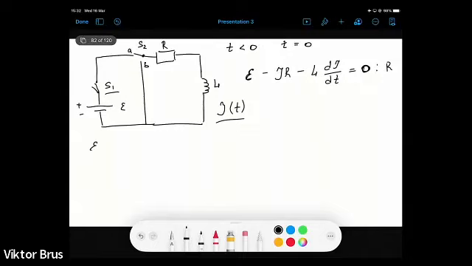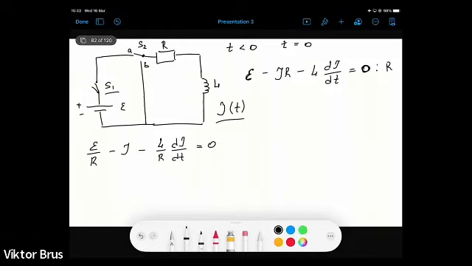So it will be electromotive force divided by resistance R minus current, minus L divided by R times the first derivative of current over time, and this is equal to 0.